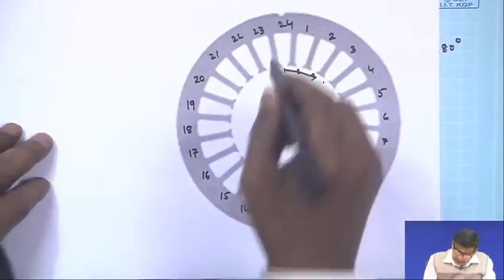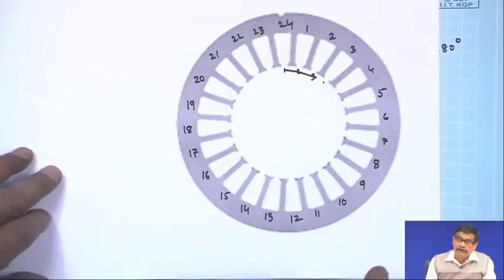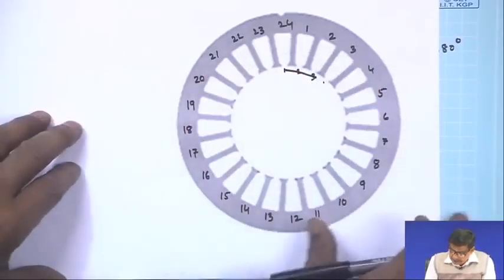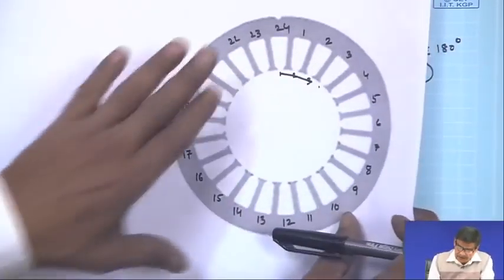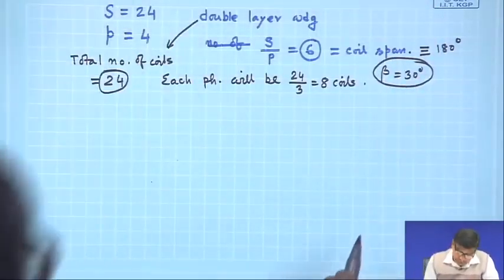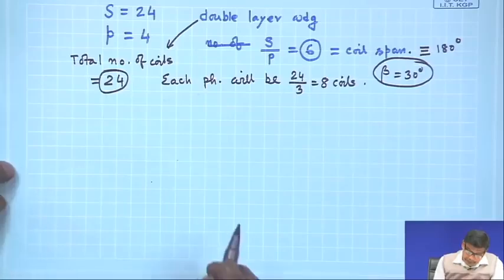Now, in this I will use double layer winding. This I will show later. First I will not draw this, but this is the thing I mean.